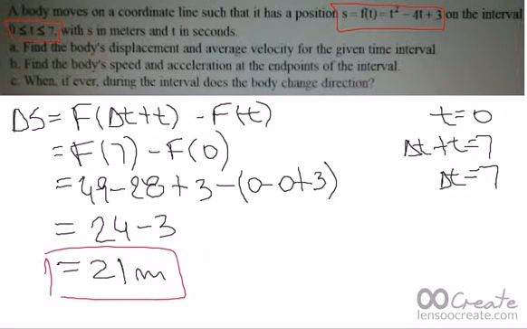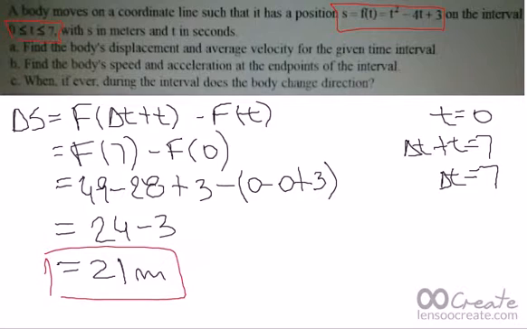Yay. Now the second thing that they're asking us to find is the average velocity for the given time.